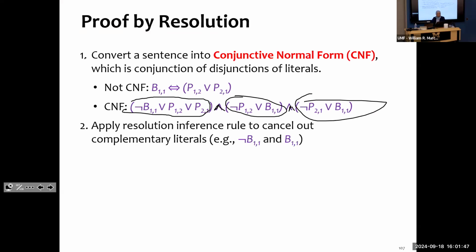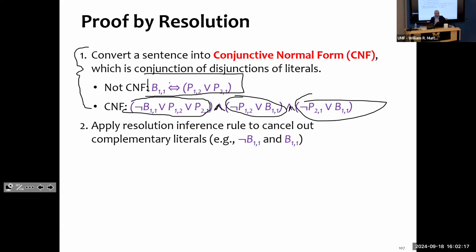Once this is done, I have my sentence written in the conjunctive normal form. By the way, I cannot give you a sentence and you say to me, I cannot write it in the conjunctive normal form. Any sentence that I give where you find implies or the biconditional, you must write it in conjunctive normal form. It's a good idea for the exam as well.